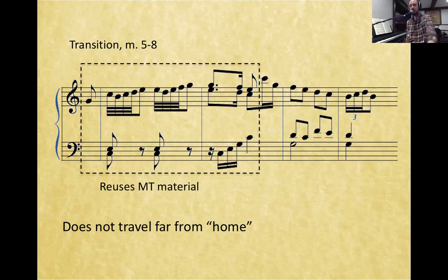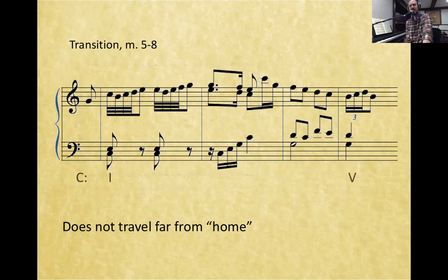But the unique thing about this one is that as a transition, we get to kind of a half cadence here. But we haven't really modulated, right? We didn't really leave C major. We feel like we're arriving at a half cadence on G. But the transition in most cases, and I really want to point that out, is going to have a much more clear modulation out of C major and into G major.